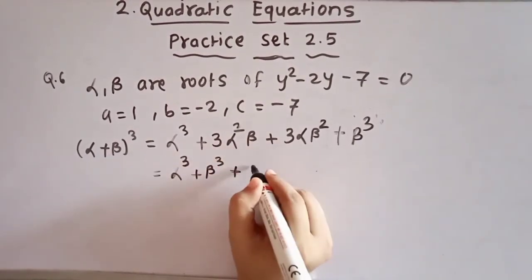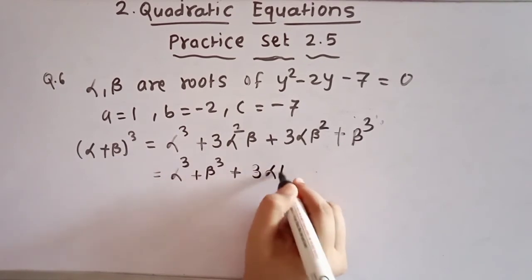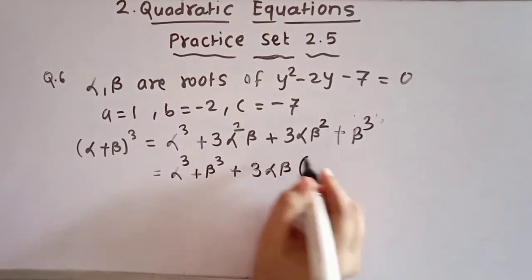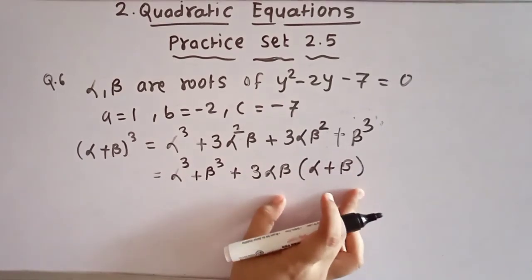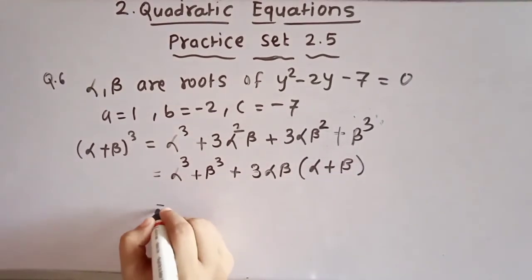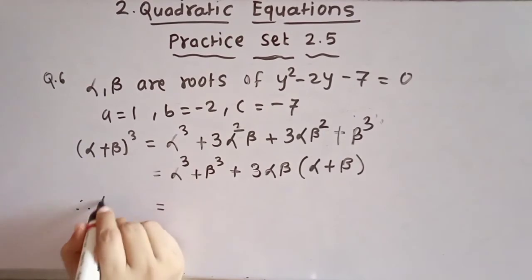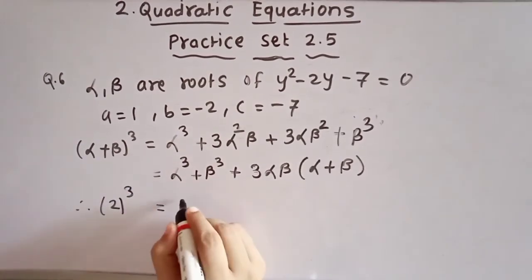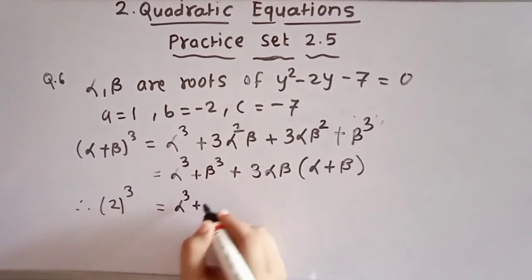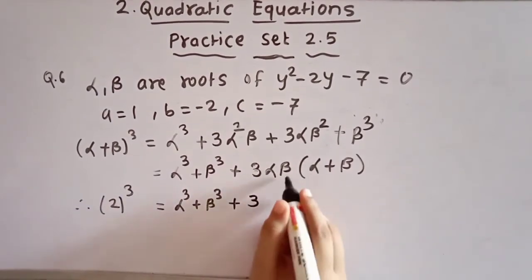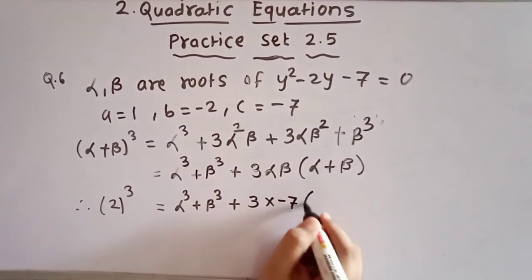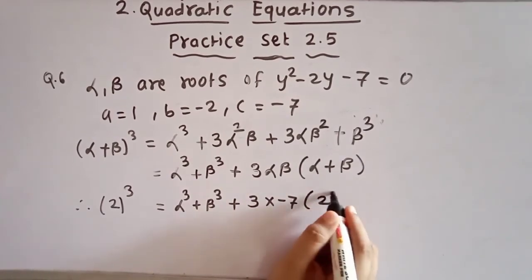Now take common from this term, 3 alpha beta. So you will get alpha plus beta here. Yes or no? Now put the values. Therefore alpha plus beta is 2 cube. Alpha cube plus beta cube as it is plus 3 alpha beta is minus 7 into alpha plus beta is 2.